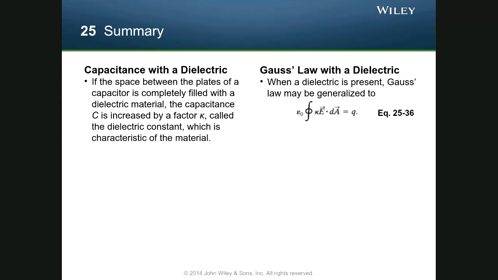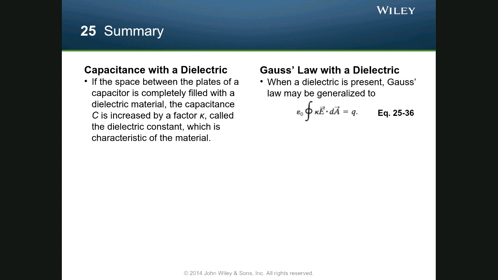Let me see if I can find in the book, because they should have a table to answer this question. Okay, so air, polystyrene, paper, Pyrex. Basically, I think anything is a dielectric, but some things have really high dielectric values. Polystyrene, for instance, has a dielectric constant of 2.6.